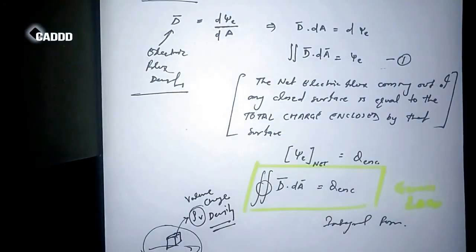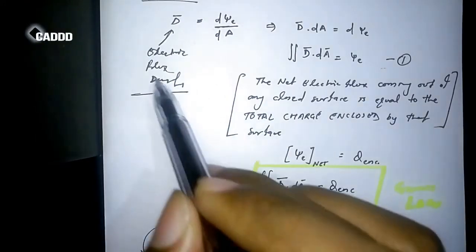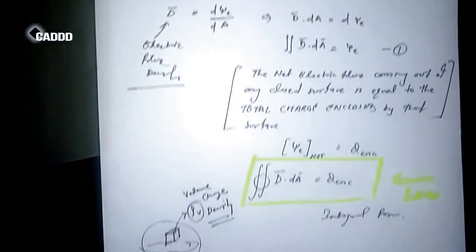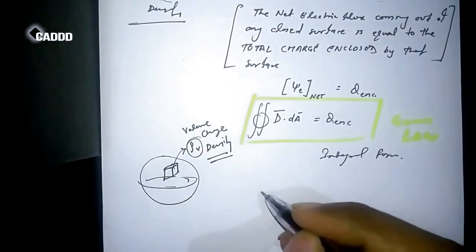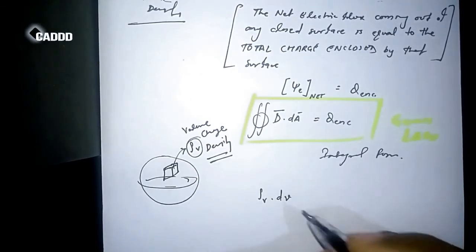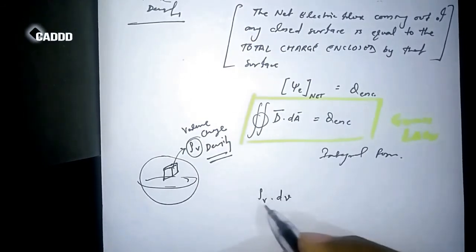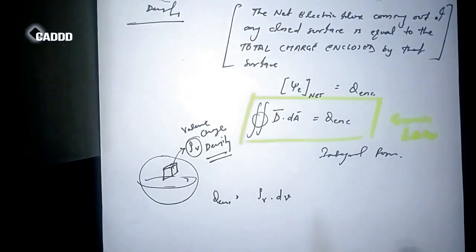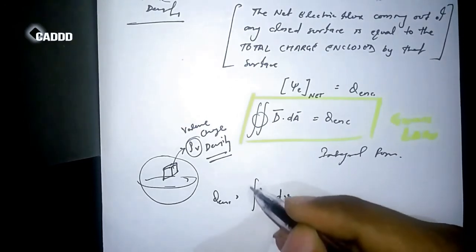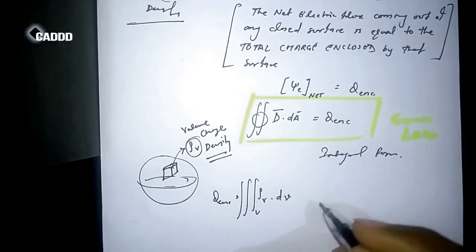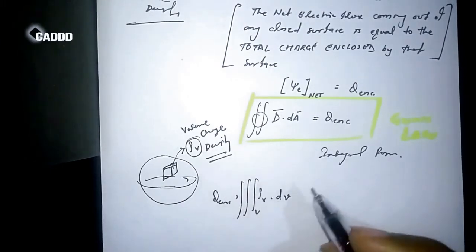A lot of guys get confused in this, but you don't have to. This is flux density and this is charge density, rho v. If we multiply with the volume v, then we will get the charge enclosed by that volume. This is the volume integral. So this is the charge enclosed.